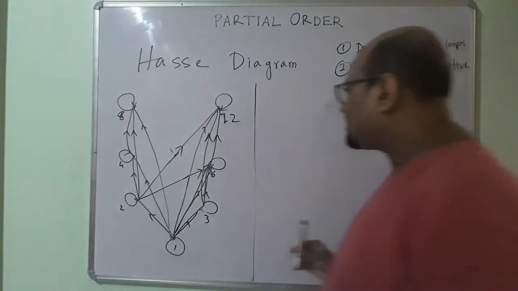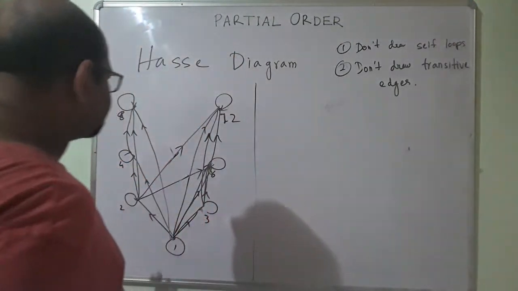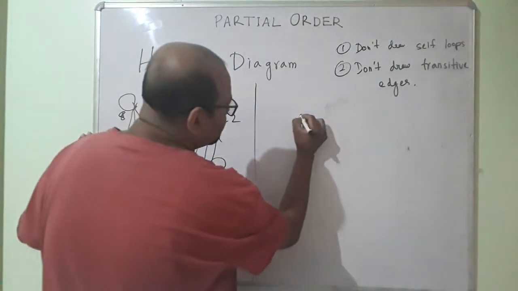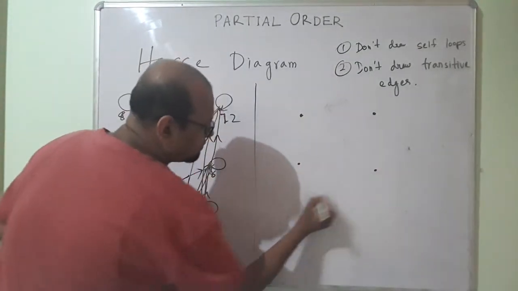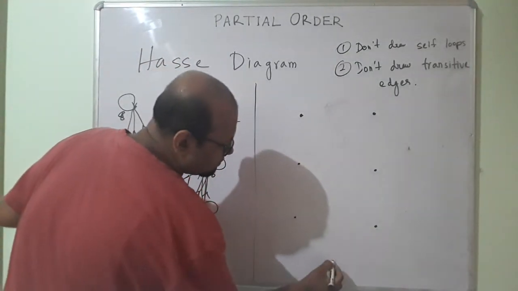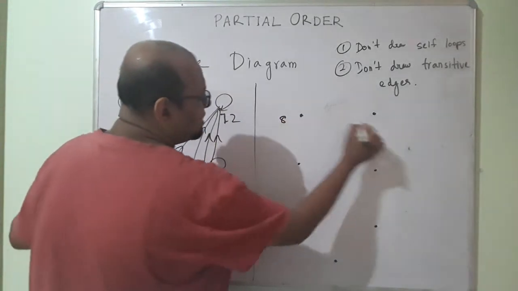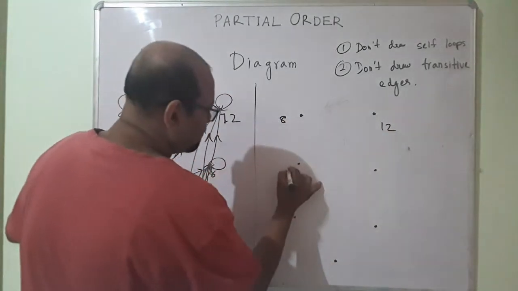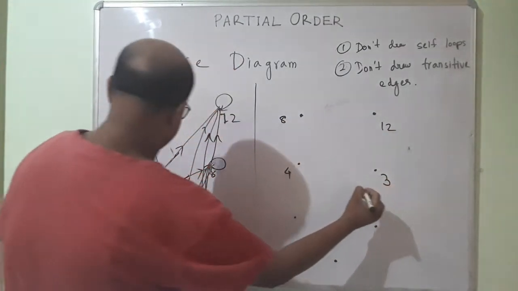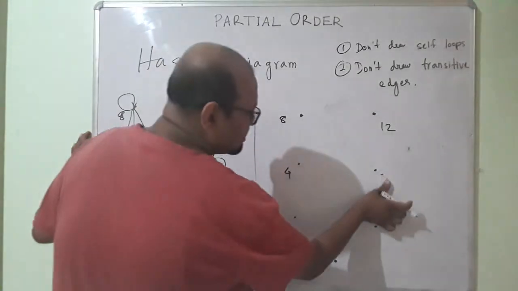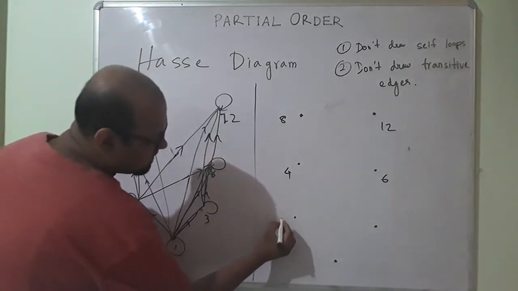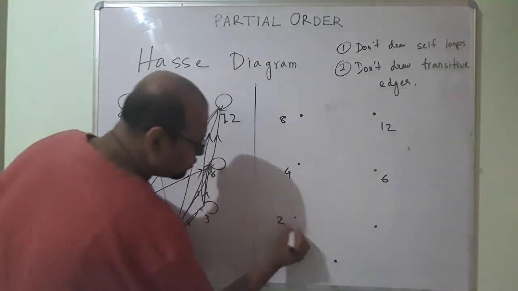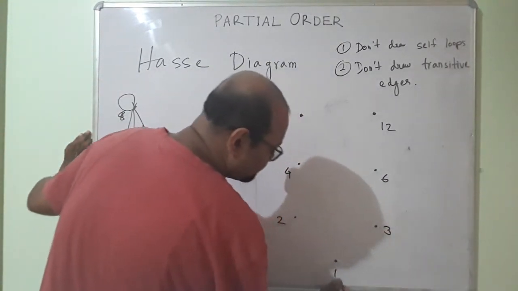So with that knowledge, let us try to redraw this directed graph. So this is my 8, 12, 4, 6, then 2, 3 and 1.